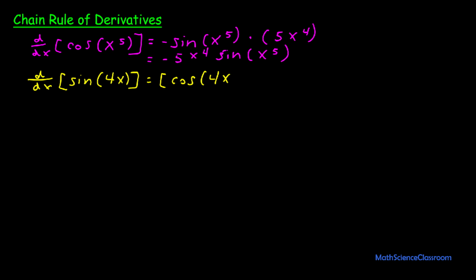Notice we leave the inner function alone. Then we multiply that times the derivative of the inner function, which is 4. And the final answer is 4 cosine 4x.